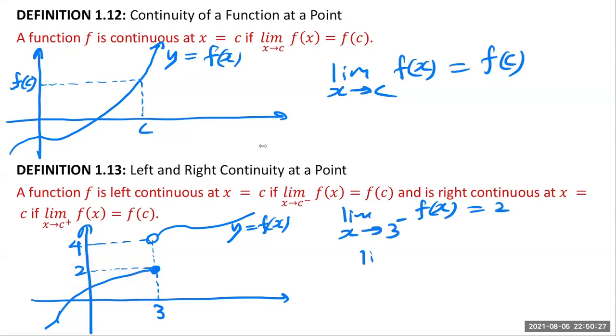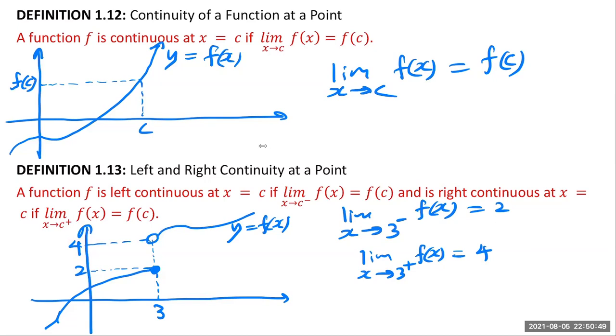What is my right limit? The limit as x approaches 3 from the right-hand side of f of x is, as you can see from the graph, approaching this particular value, which is 4.